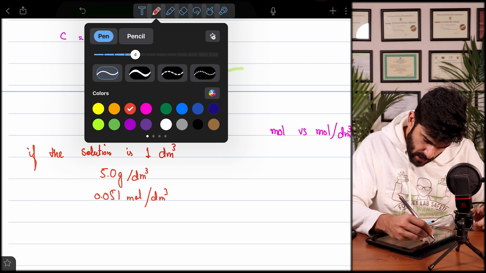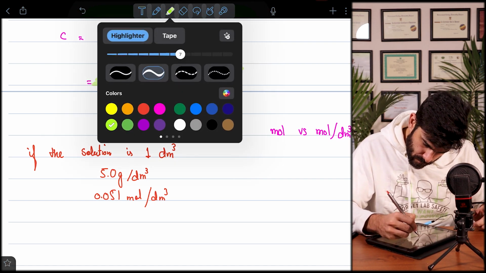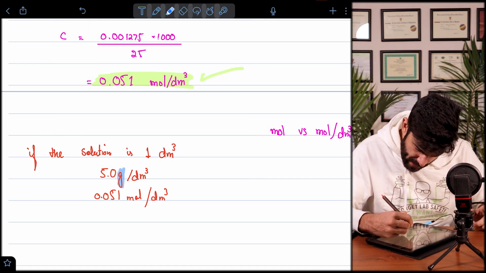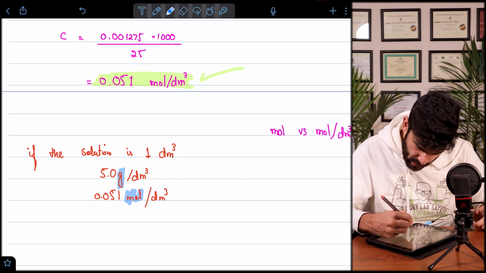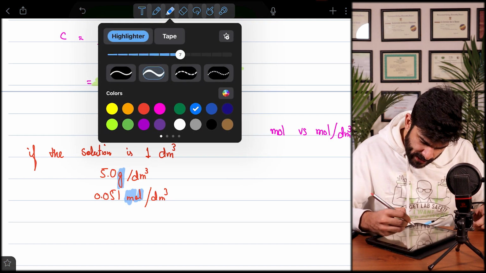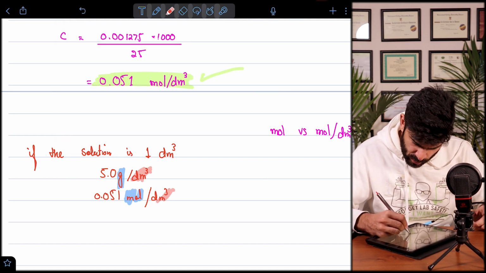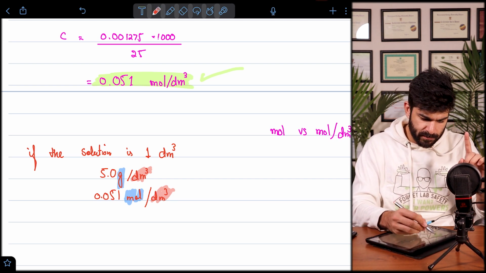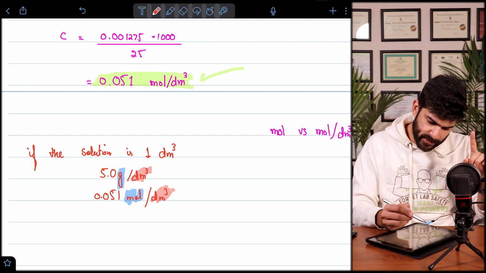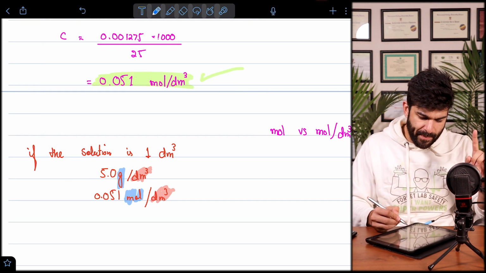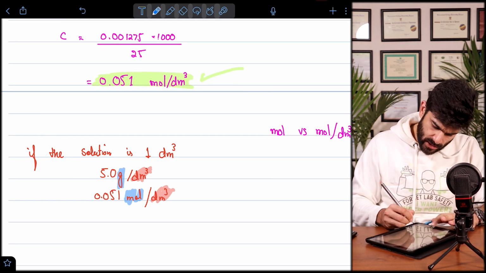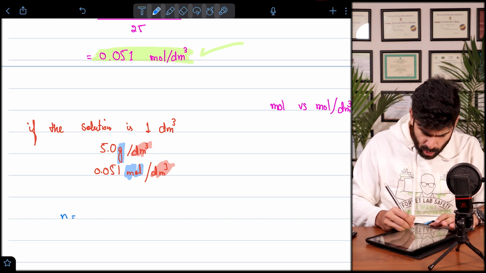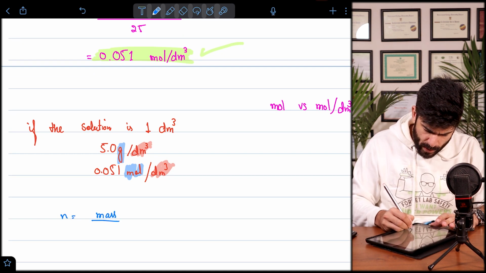Obviously, gram and mole are at play. Both the dm cubes will be cancelled out because obviously the solution is 1 decimeter cube. So there is only one formula which deals with both gram and moles, which is n equals mass over Mr.